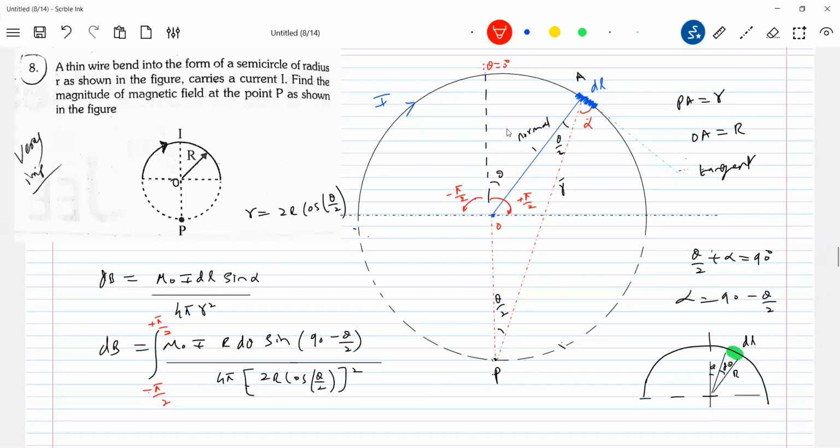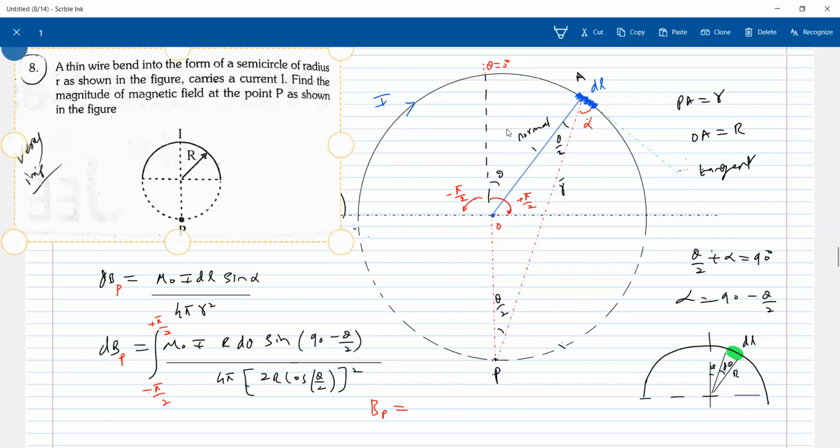Anybody got the value? Wait, I'll check the question. Yes, I think options are available, I don't know. Mu naught I by 4 pi r log of root 2 plus 1.